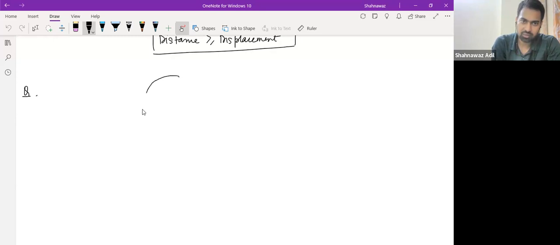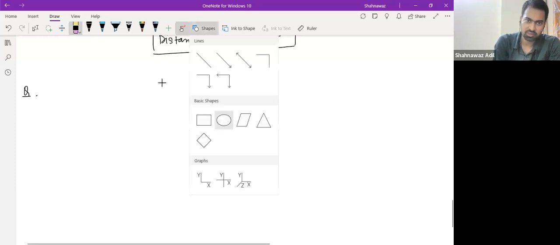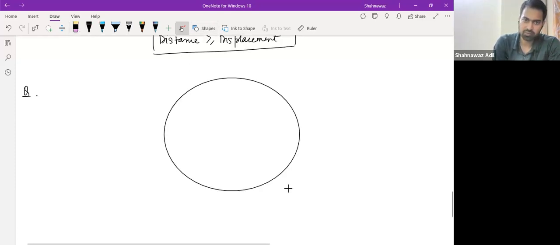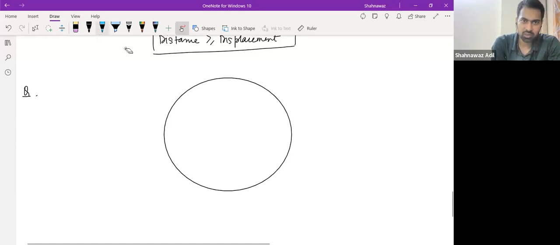Let's say that the body is moving in some circular direction. So let's say that this is point A, this is point B, this is point C, this is point D, and this is some point E.